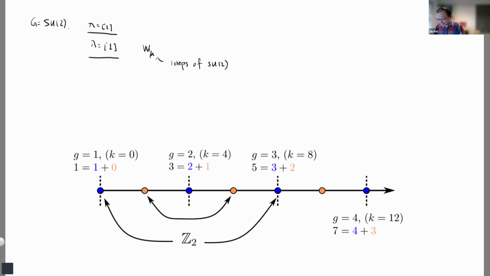And one needs to count Wilson lines modulo this action. And that turned out to be roughly the same as counting Wilson lines up to what I would call central symmetry.